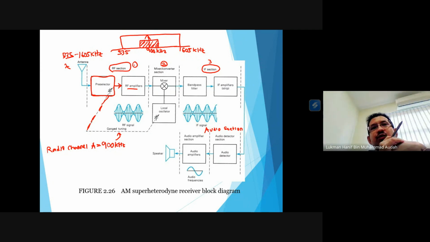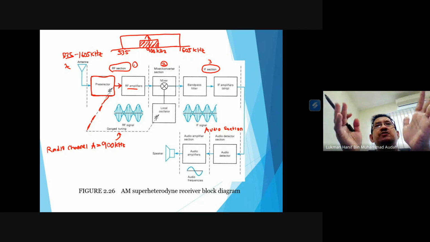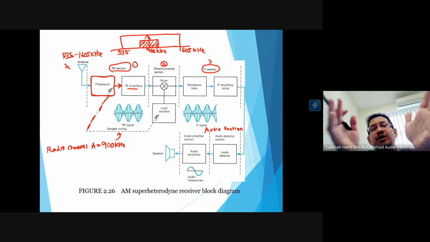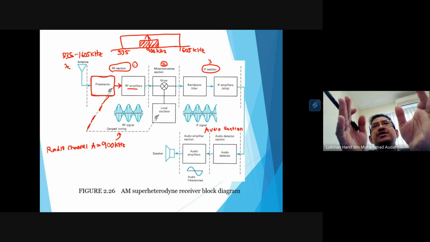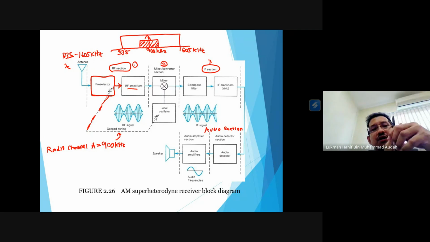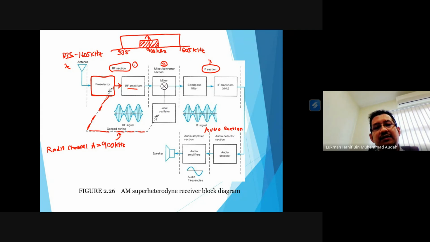When we want to listen to a radio station, we don't want to listen to the others. We only listen to one radio station at a time. So whenever we give the instruction, that will be the center frequency of the pre-selector. Similarly, when we tune the pre-selector, the local oscillator also varies according to the setting.